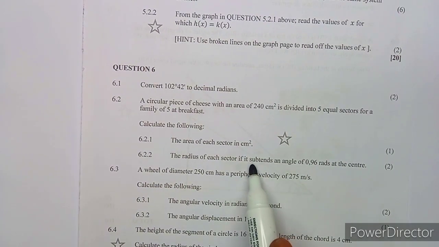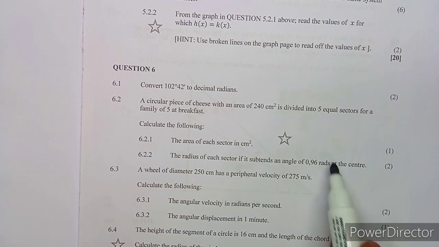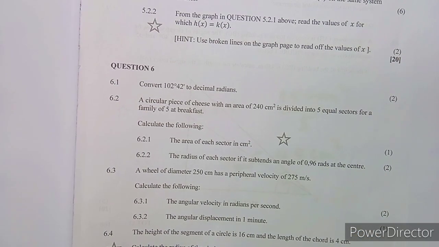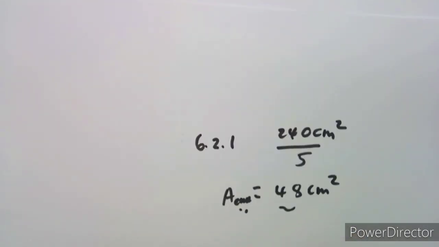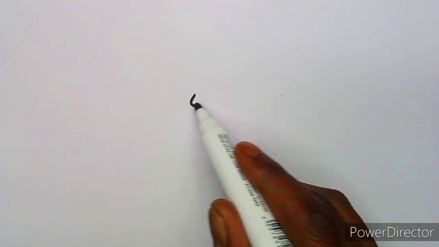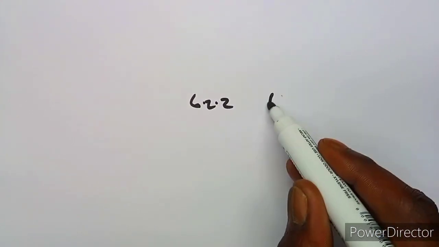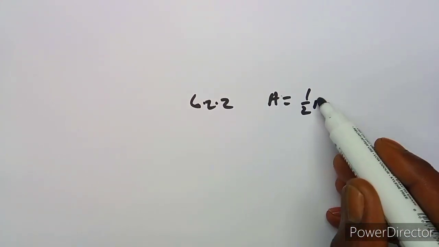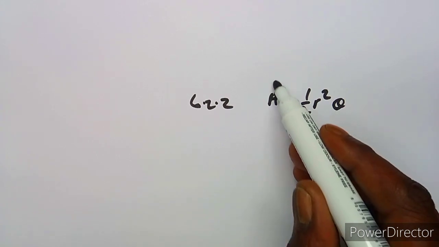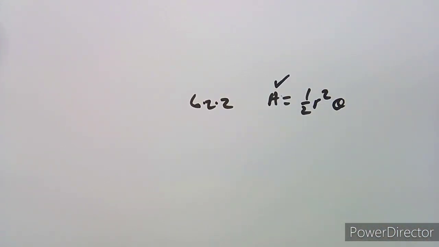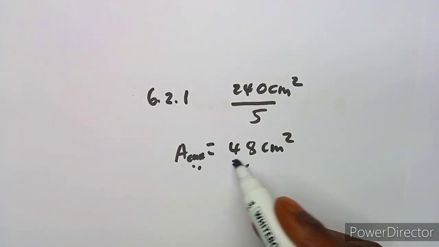All right, so now calculate the radius of each sector if it subtends an angle of 0.96 radians at the center. We have the area of this sector, guys, and we know that the area of the sector is given by half r squared theta. We calculated the area of each sector, and each sector has an area of 48.